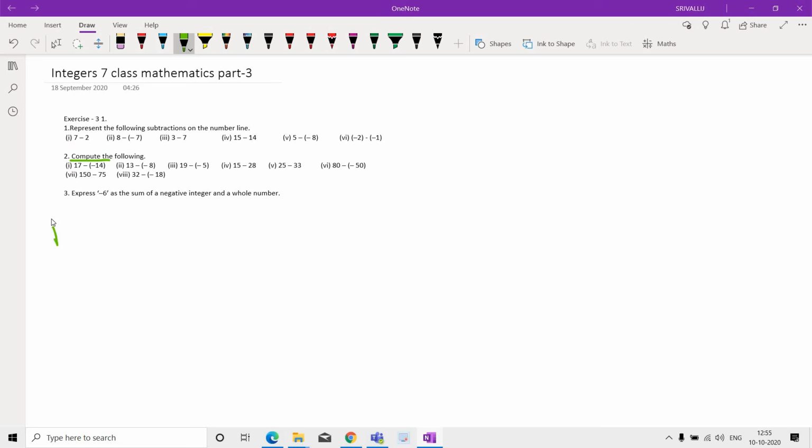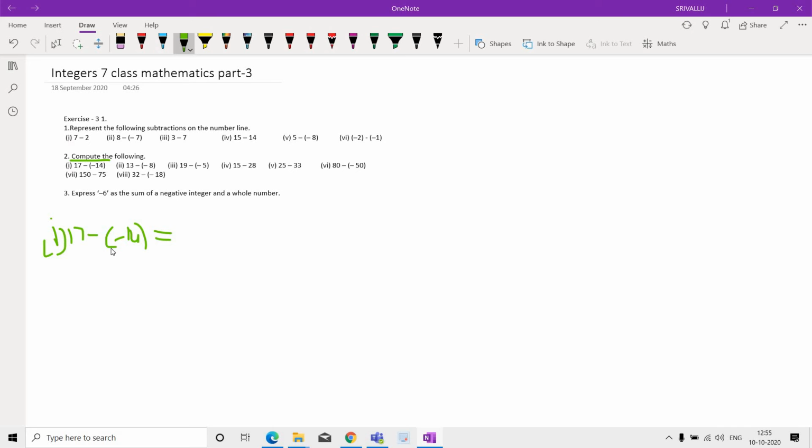So first one is 17 minus minus 14. Please read the question thoroughly. Compute the following means calculate the following. They didn't say represent the following on the number line like in the first bit, but you should calculate in your mind.